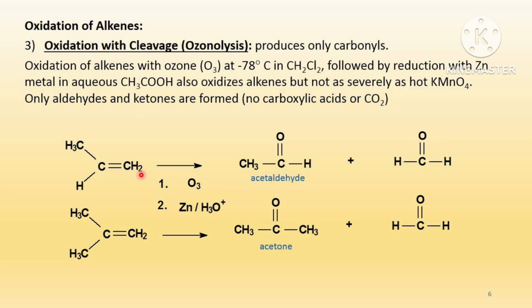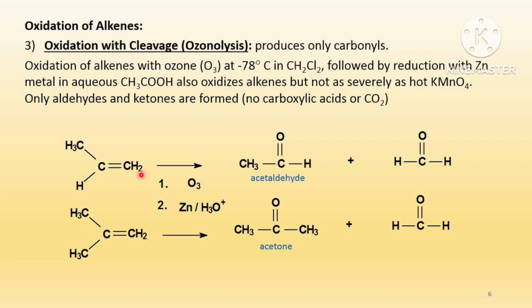Alkene plus KMnO4 solution will produce vicinal glycol, like ethylene glycol; two OH groups attach to two adjacent carbons. CH2 plus aqueous solution, then H2O plus O. You write only O because potassium permanganate will release an oxygen atom. The main reaction is with the oxygen atom.